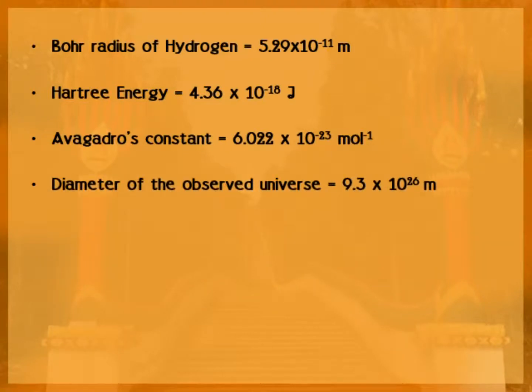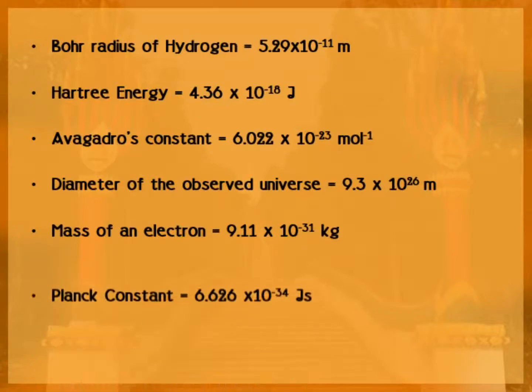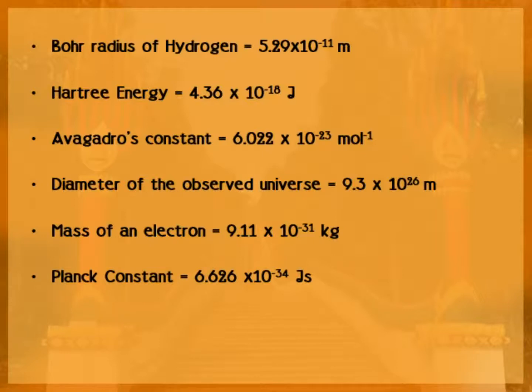The diameter of the observed universe, a big number there, is 9.3 times 10 to the 26 meters. The mass of an electron is 9.11 times 10 to the minus 31 kilograms. And the Planck constant is 6.626 times 10 to the minus 34 joule seconds.